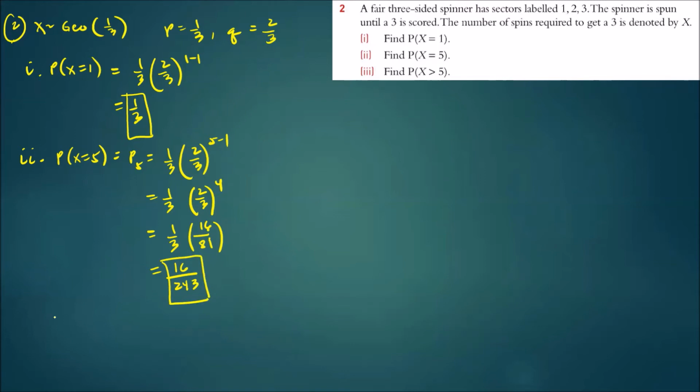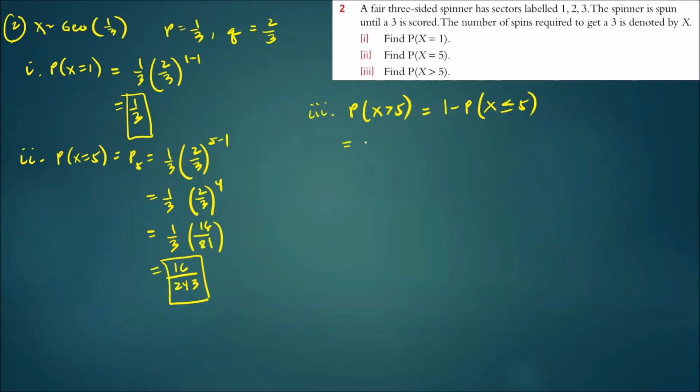Now let's solve for III. We're looking for the probability that x is greater than 5. Again, we'd be solving lots of parameters if we use this directly. So instead of this, we'll use the complement. That is 1 minus the probability of x less than or equal to 5.